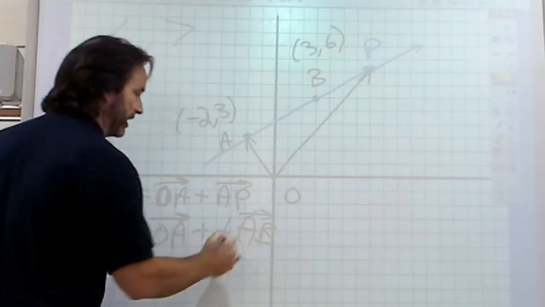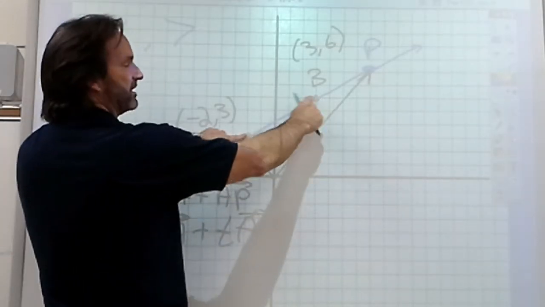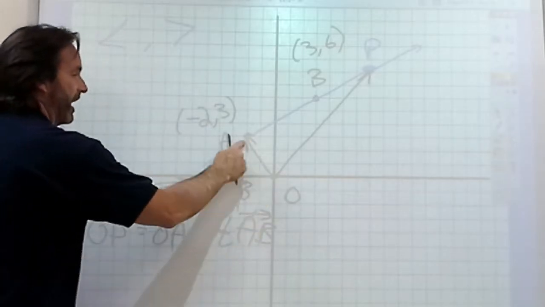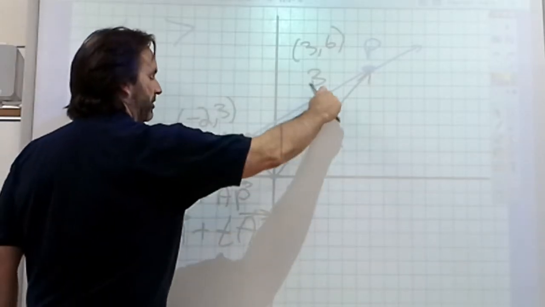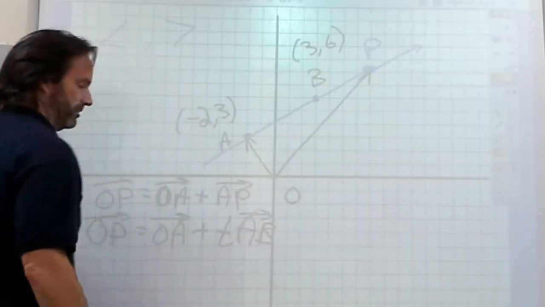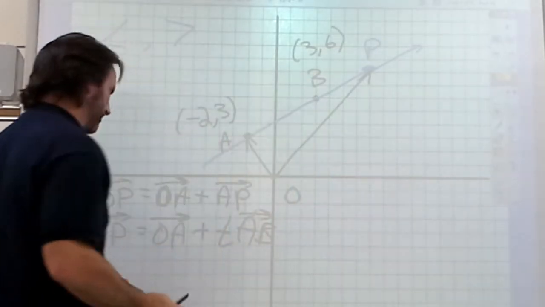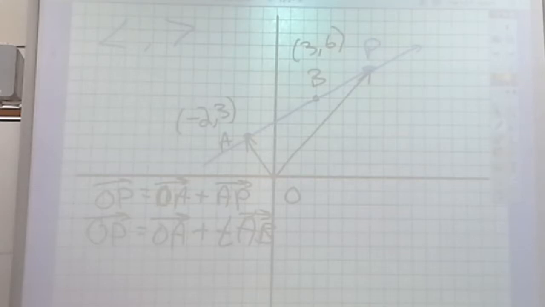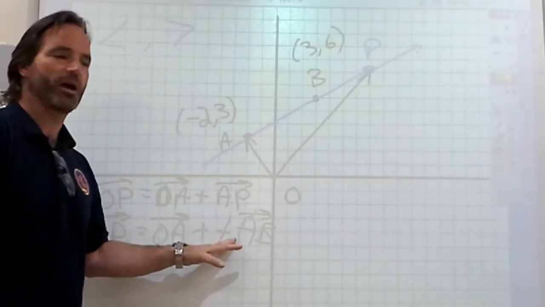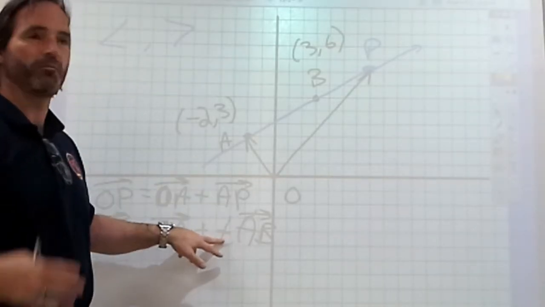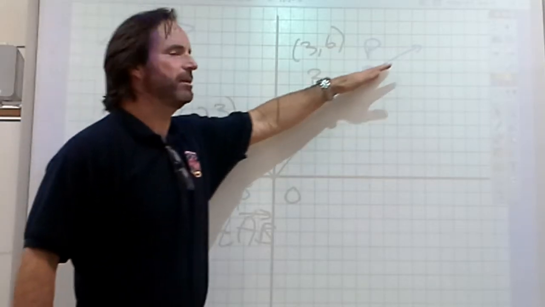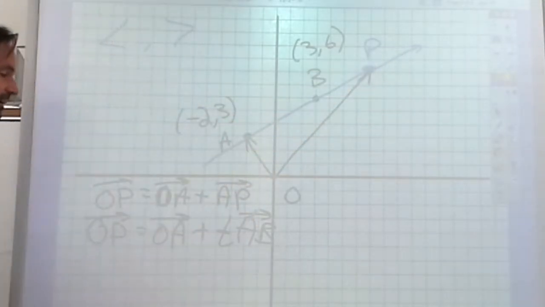So OA plus t times AB will give me this OP. I've still got the same basic equation. Now t can be other things, right? t can be 2, 3, it can give me any point on that line.